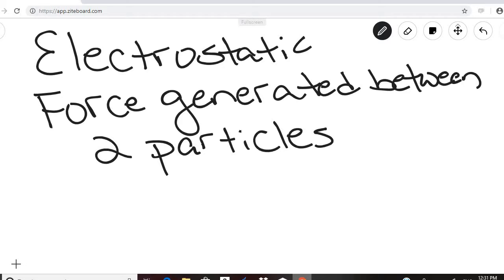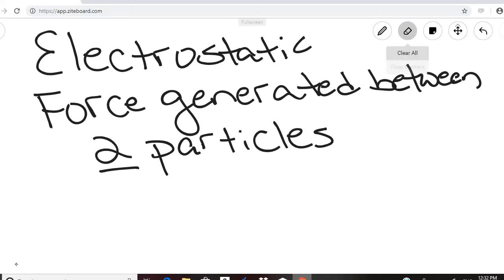So if we want to see the effects of that electrostatic force, we have to consider both of the charges, not just one. And yet in our previous equation, we only considered one charge. So let's think about this.